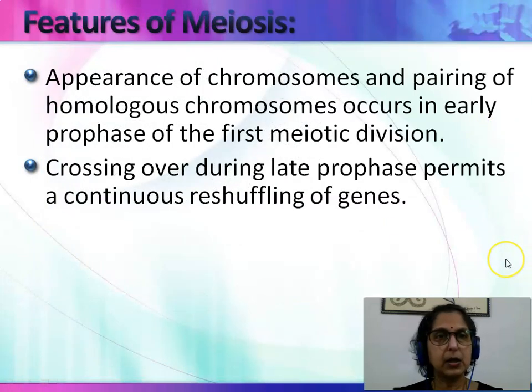So the features of meiosis would be appearance of chromosomes and pairing of homologous chromosomes occurs in early prophase of the first meiotic division. Crossing over during late prophase permits a continuous reshuffling of genes.